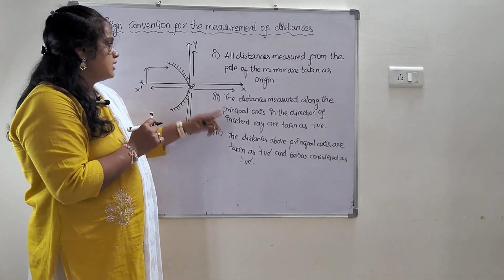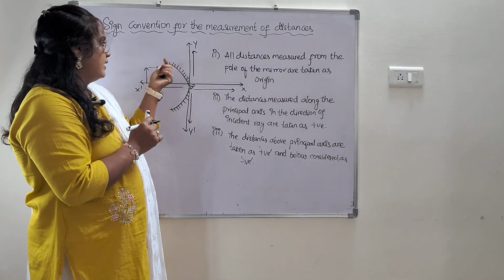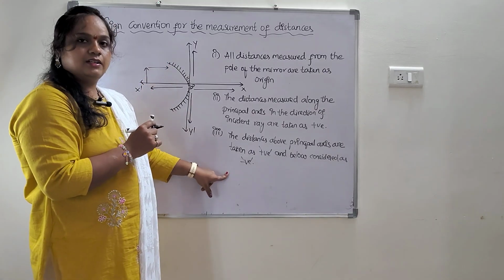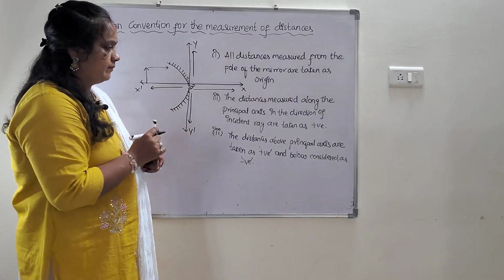So the distances above the principal axis are taken as positive and below it are considered negative. This is rule number 3.